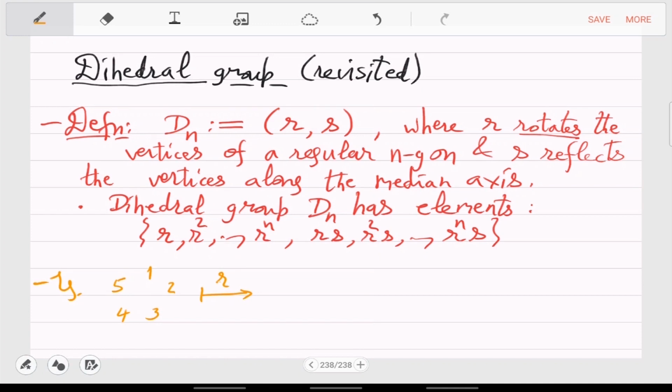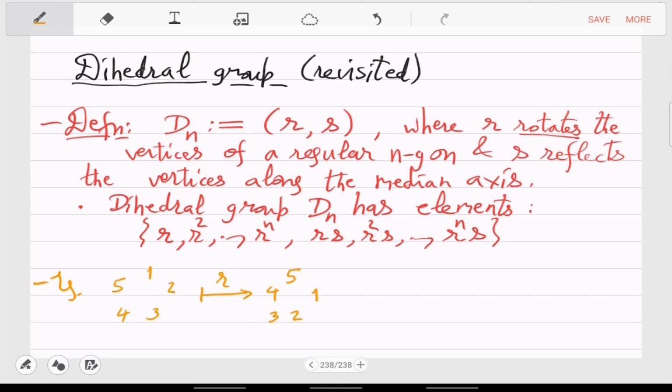So if we do this clockwise, then you will get 5 here, and then 1. So it will rotate clockwise by 2 pi by 5. So basically 5 goes to 1, 1 goes to 2, and so on.